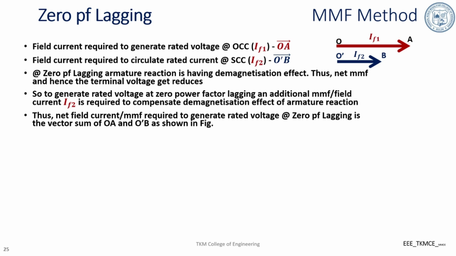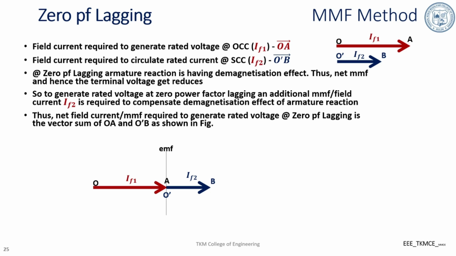Thus, net flux or MMF required to generate rated voltage at 0 power factor lagging is the vector sum of OA and OB. So this is the field current required to generate rated voltage under open circuit condition. This is the induced EMF. As the power factor of operation is 0 power factor lagging, IF2 is lagging EMF by 90 degree.